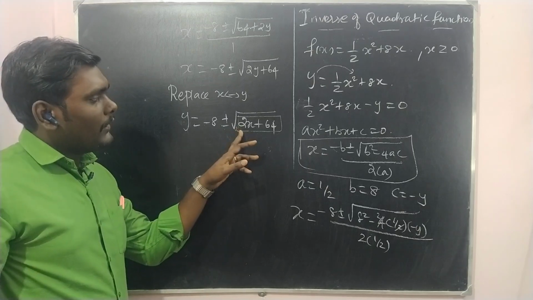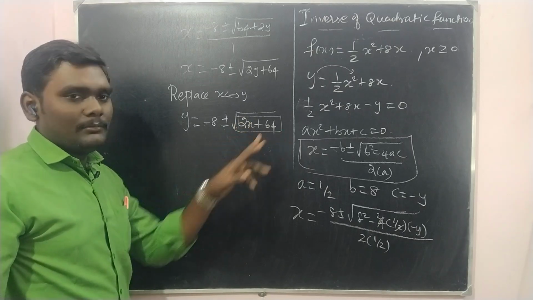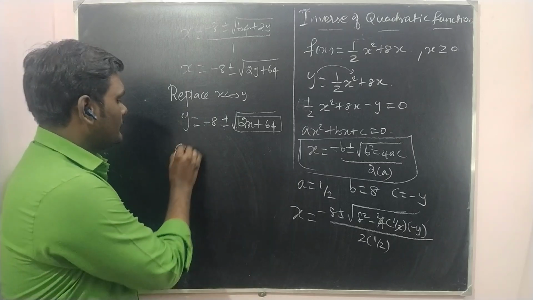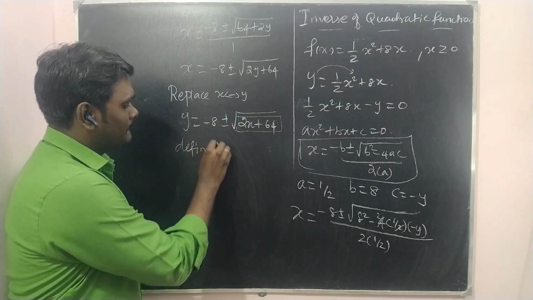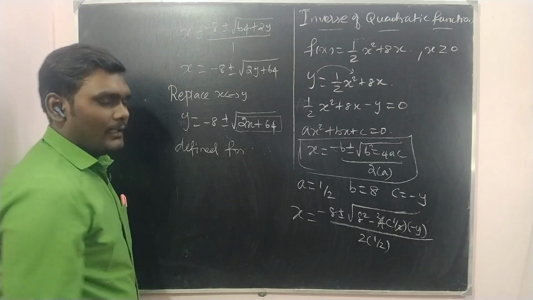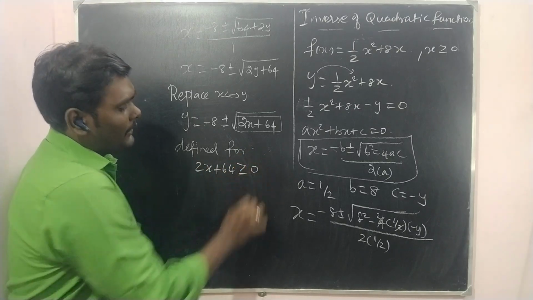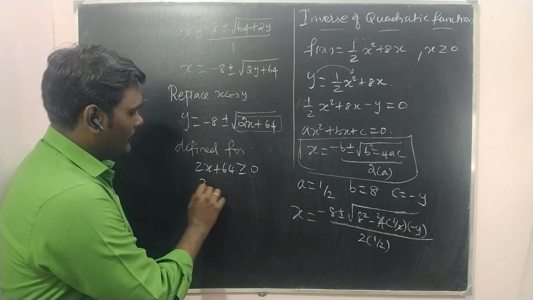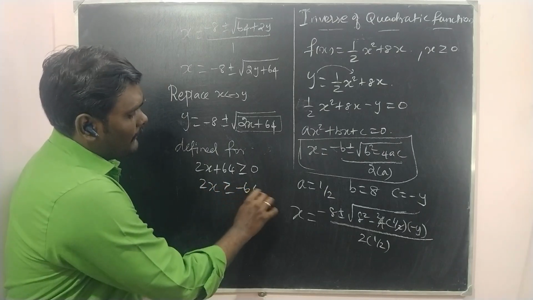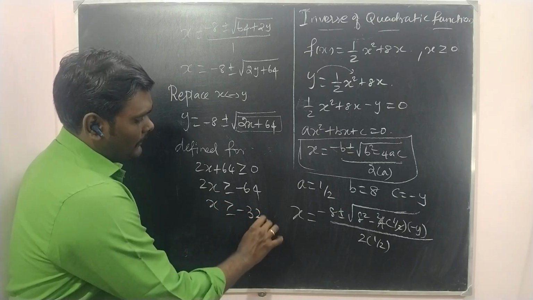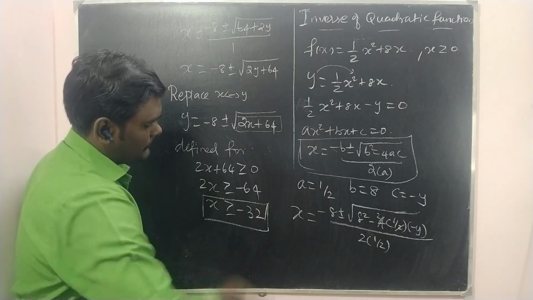For what values of x will this become positive or 0, that we have to figure out. It is defined when 2x plus 64 is greater than or equal to 0, so 2x is greater than or equal to minus 64, so x is greater than or equal to minus 32.